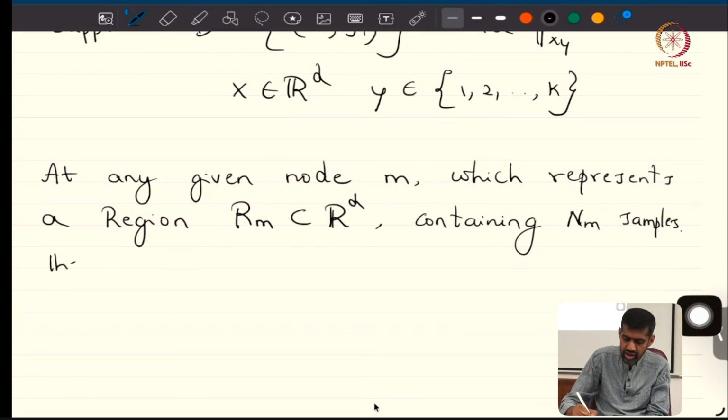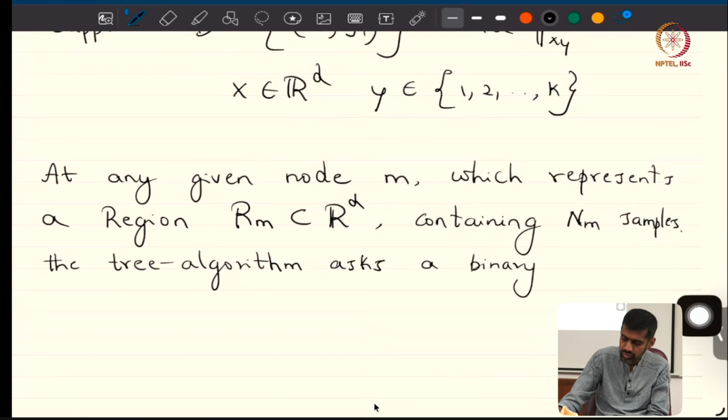The tree algorithm asks a binary question as follows.